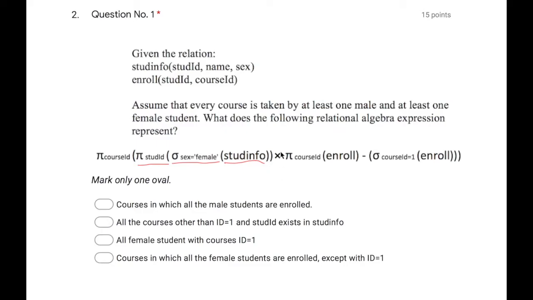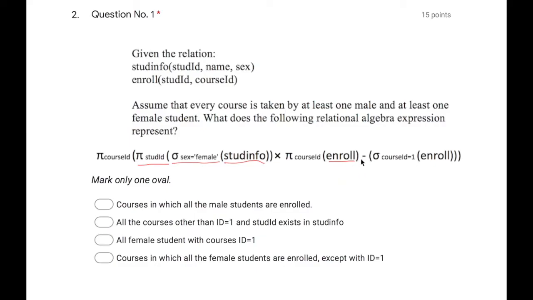The next step is I want to cross them, this is not a join, cross with everything I have in the enroll relation. I want to cross the student ID with course ID in the enroll. That means I pair them up, every single record in here, I pair them up with every single record in these relations. Okay.